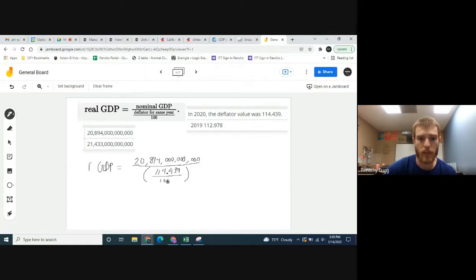So let's figure out what this denominator is first. If you divide that, that's actually going to give you 1.14439 right here. That's our denominator. And then I'm not going to rewrite this, but that's going to go on the numerator, and then you want to divide that. So let's get our calculators out.